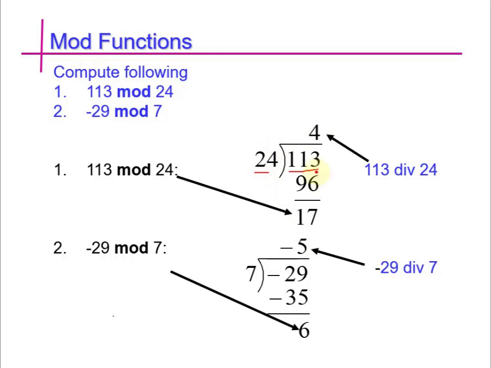What is mod and what is div? So 113 mod 24 is giving us the remainder, and 113 div 24 is giving us the quotient. The mod function is just giving us the remainder value, and the div function is giving us the quotient value.